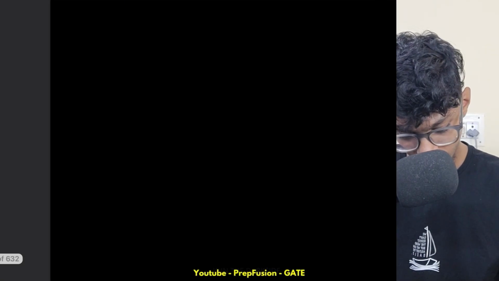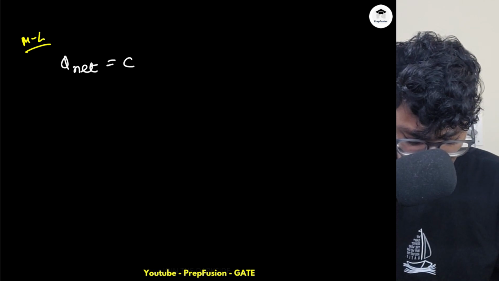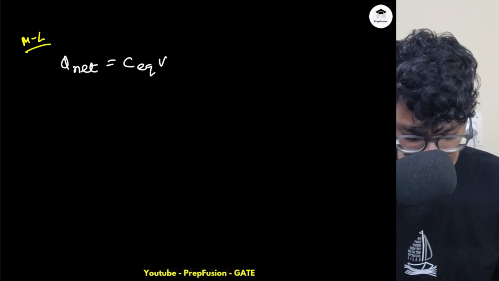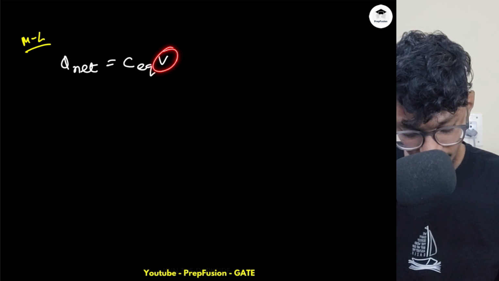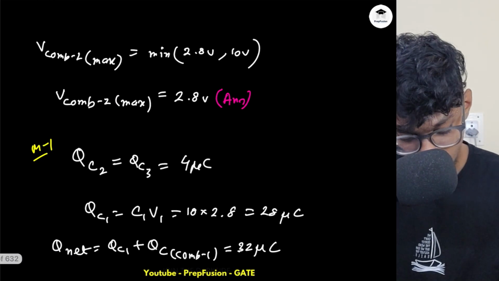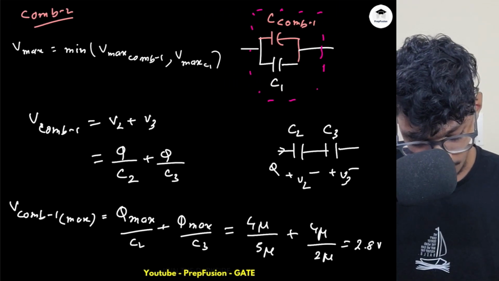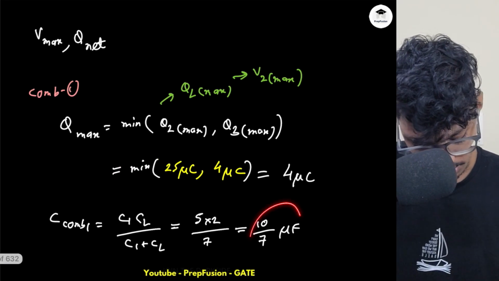Method 2 is, if I have to find QNet, it will be simply C equivalent into V, correct? And I know what potential I'm applying: 2.8 volts. So what is C equivalent? C equivalent will be C comp 1 plus C1. C comp 1 is C1 C2 divided by C1 plus C2, that is 10 by 7.